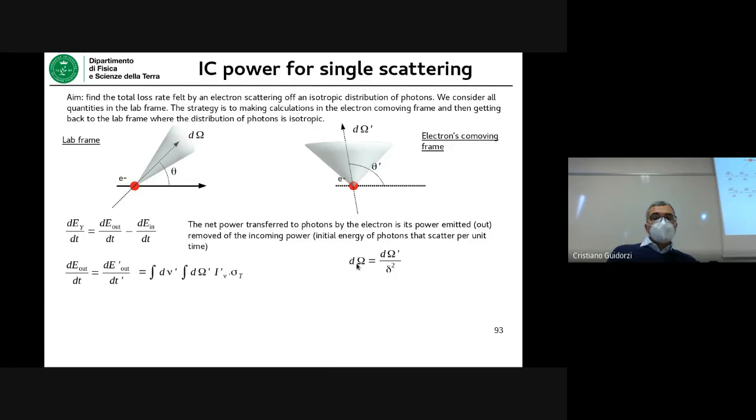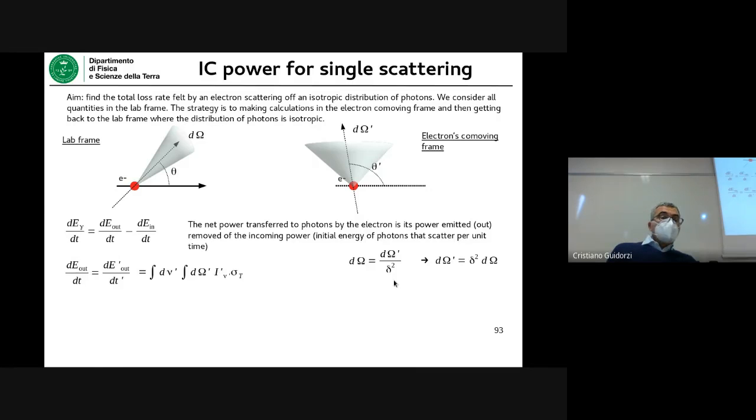For example, I remind you that when you move from the comoving frame to the lab frame, the solid angle element just changes this way. That's what we saw at the time. The solid angle shrinks by a factor of 1 over delta squared, where delta is the Doppler factor.